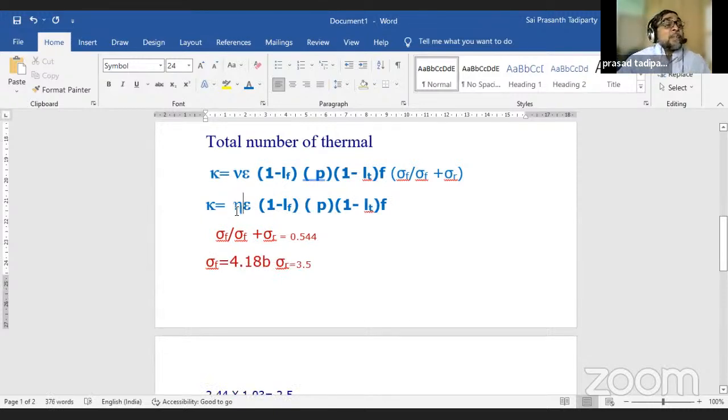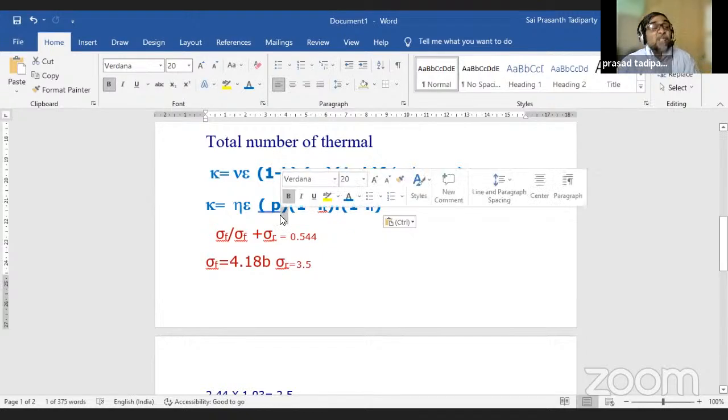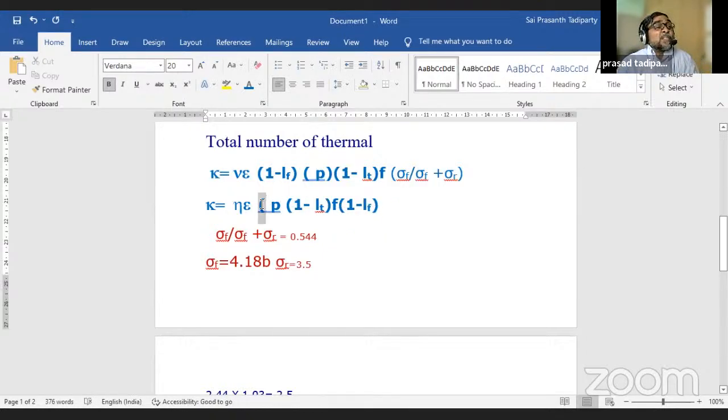So K is equal to eta epsilon p f (1 minus LT) into (1 minus LF).